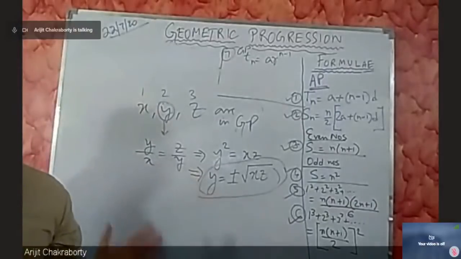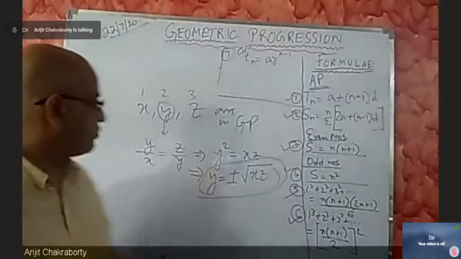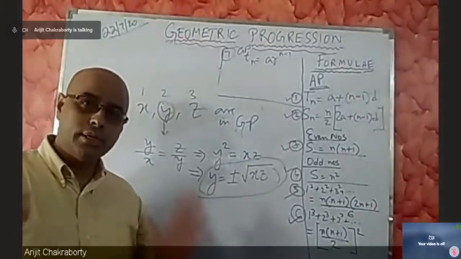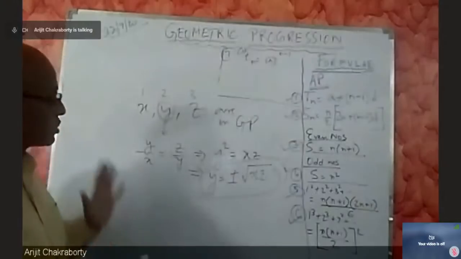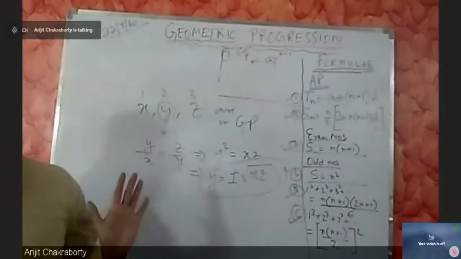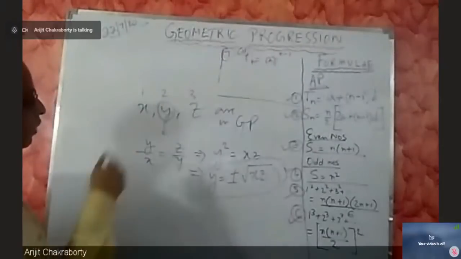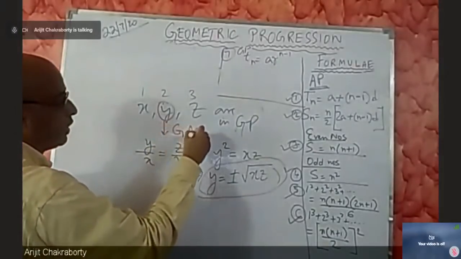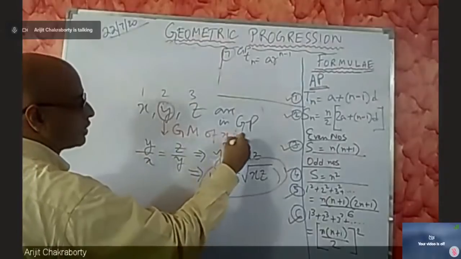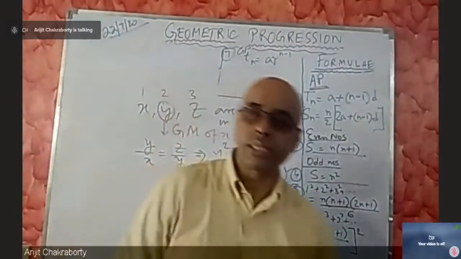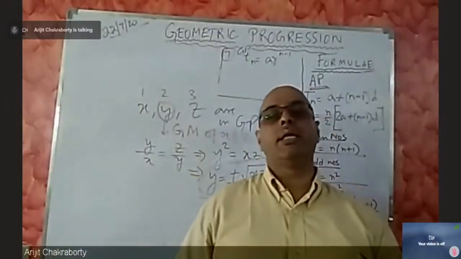If X, Y, Z are in geometric progression, automatically we get this relation, and Y is known as the geometric mean of X and Z.